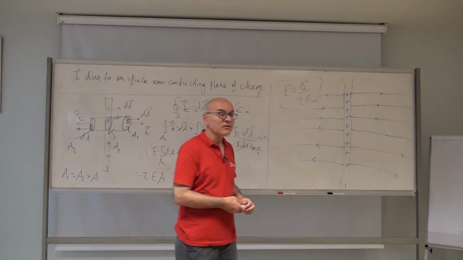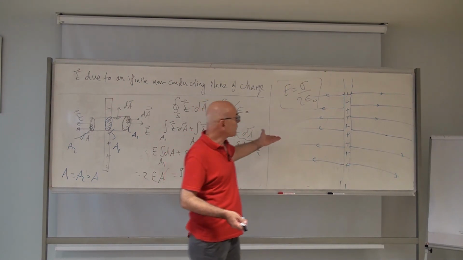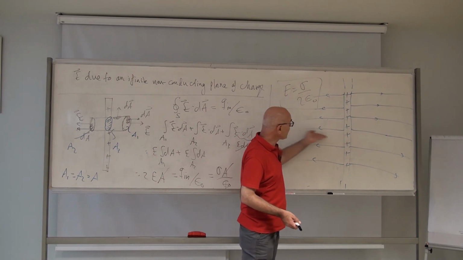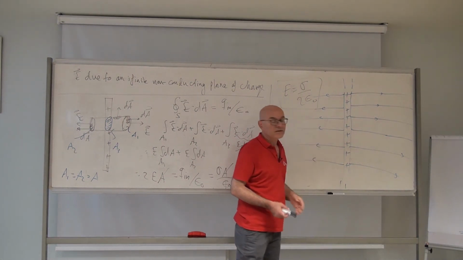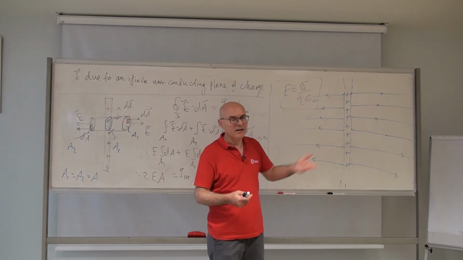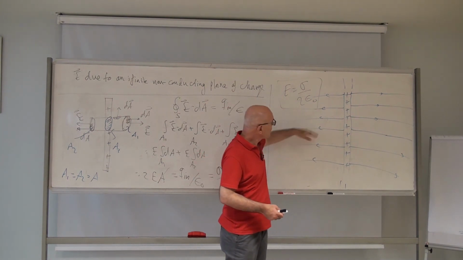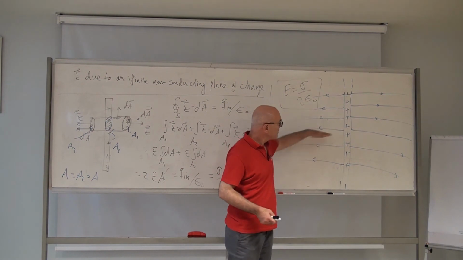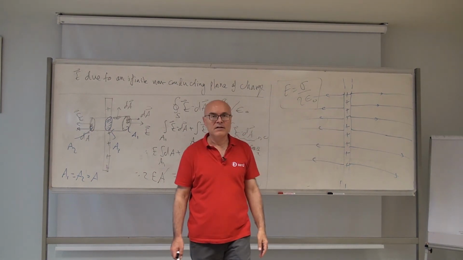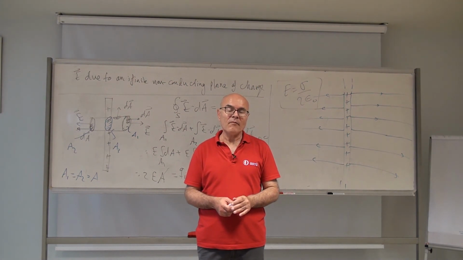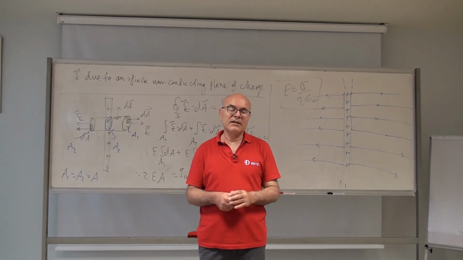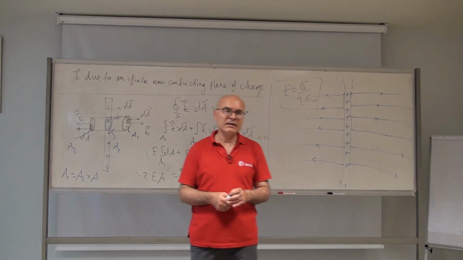For a negative charge, the only thing that will be different is that the electric field lines will be directed towards the plane. So it will be, again, uniform, equally spaced, but directed towards the plane. So this is the electric field of an infinite non-conducting plane of charge.